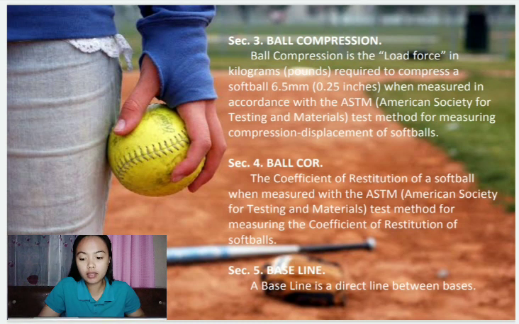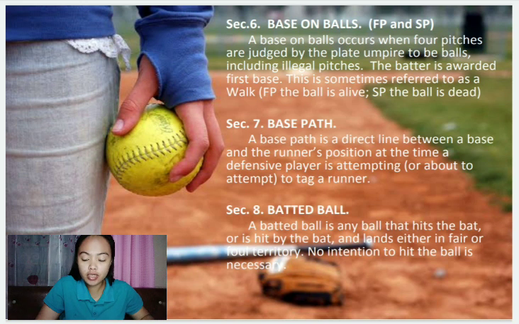A baseline is the direct line between the bases. So ito na yung mismong linya sa between the bases. Next section is section 6, which is the base on balls. FP and SP stand for first pitch and the second pitch.